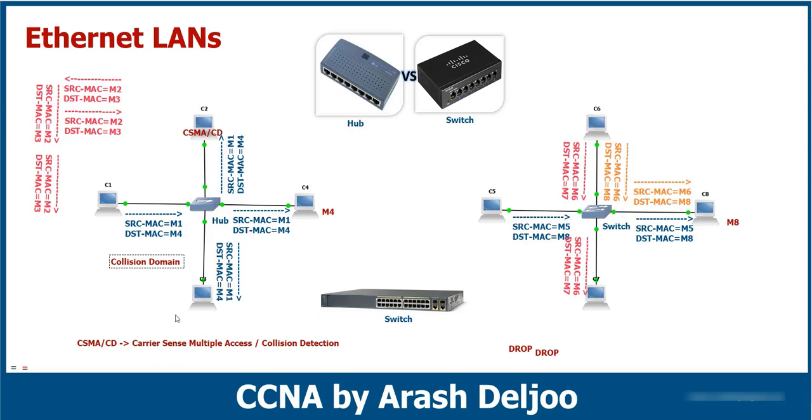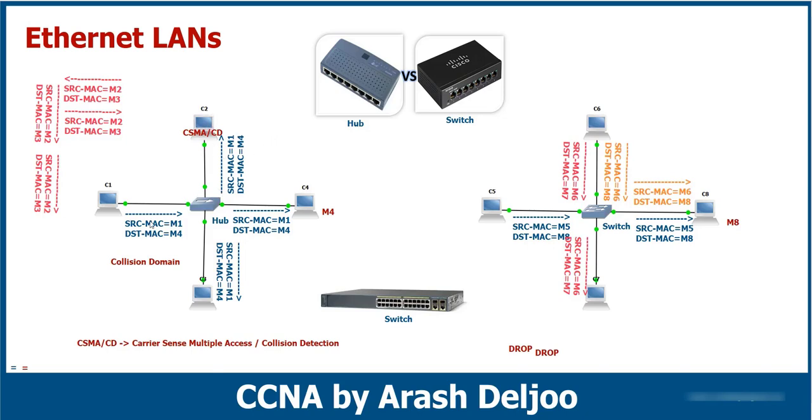Why? Because C2 can understand that if it sends the traffic, the data will collide with the data now available on the link. Because of that, with the carrier sense multiple access rule, C2 should wait for a time that the line will be empty. In that time C2 can start sending.